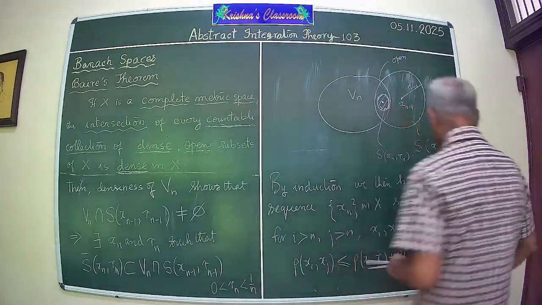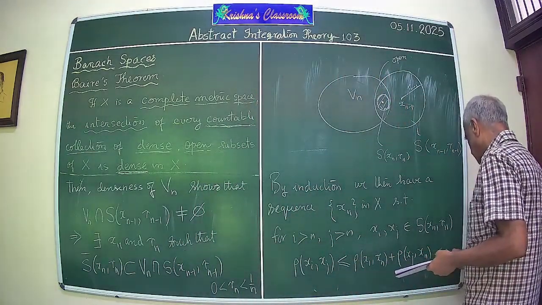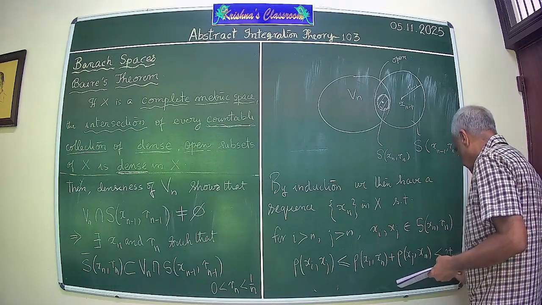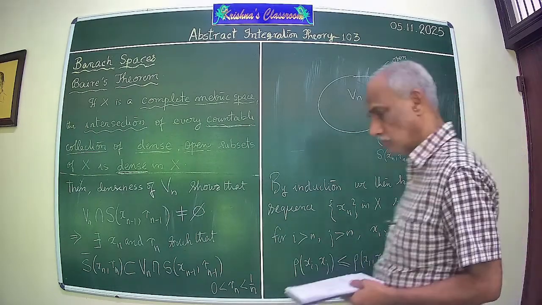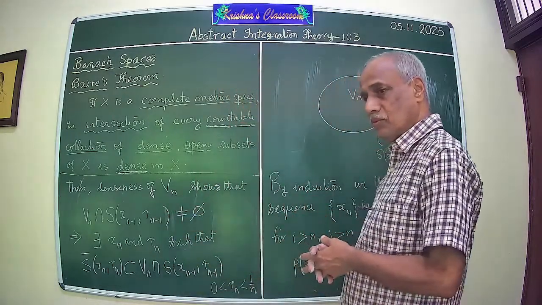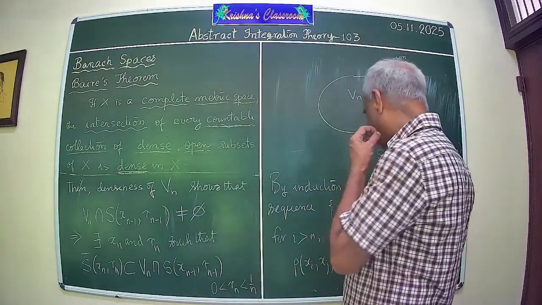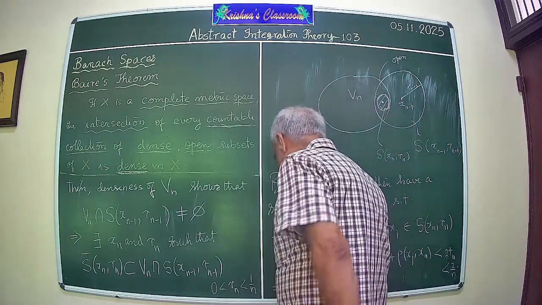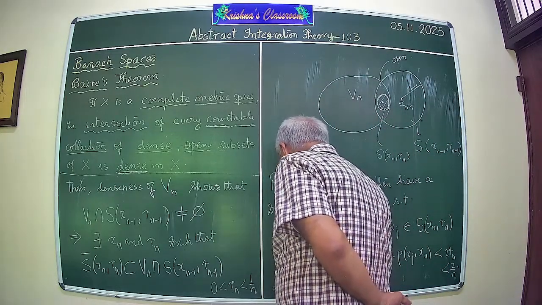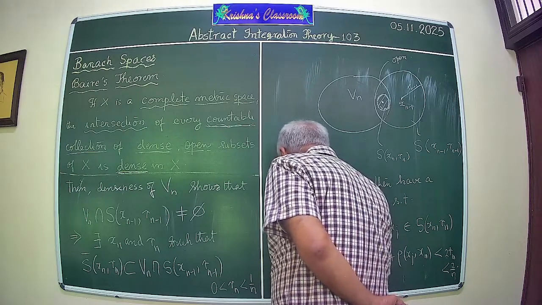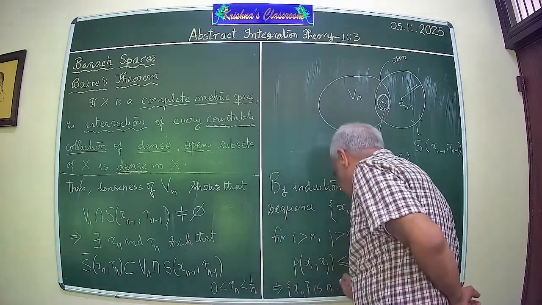In fact, it is actually 2Rn, which is less than 2 by n. So we now get a sequence which has this particular property. What does this mean? This means xn is a Cauchy sequence.